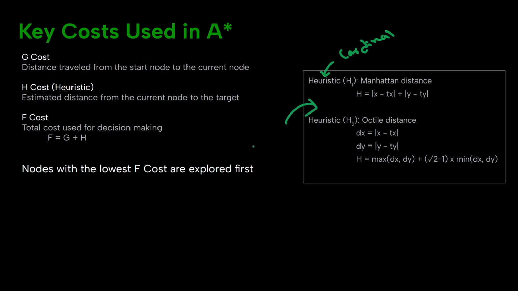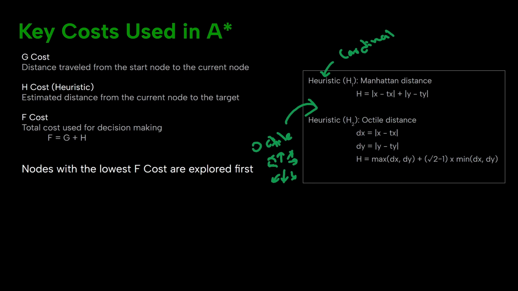And if you are using octile movements, which means the movement can be up, down, left, right, or any other intermediate direction, then the heuristic should be the octile distance heuristic.